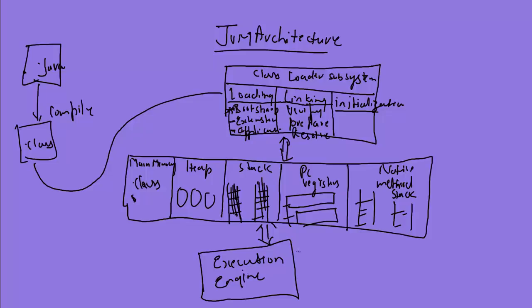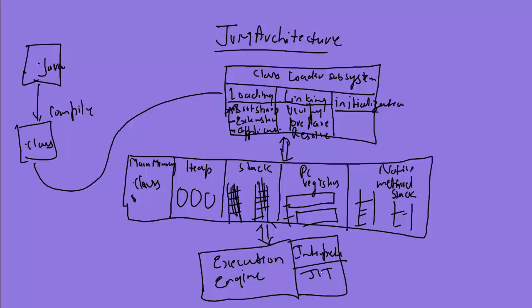In the execution engine, again it is divided into multiple things. One is interpreter, and one more is JIT, the just-in-time compiler. Interpreter means it takes the .class file, reads the .class file line by line, and then it interprets the code and then loads it into the JVM.